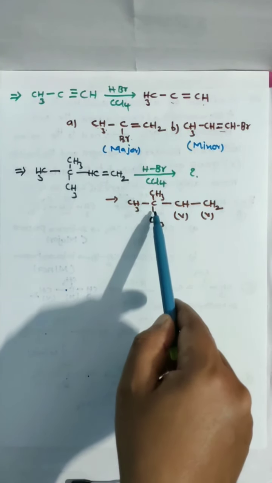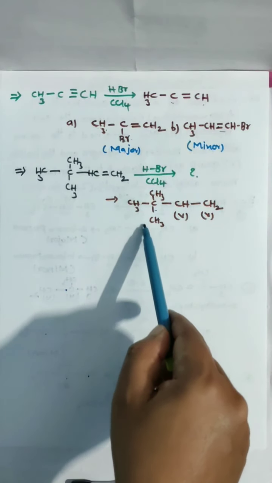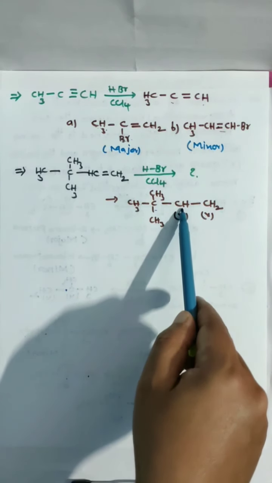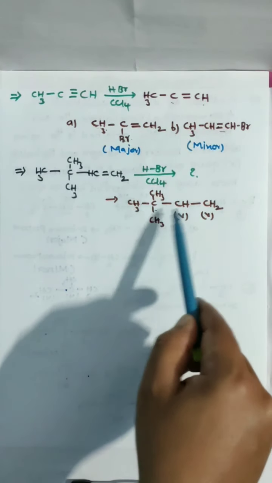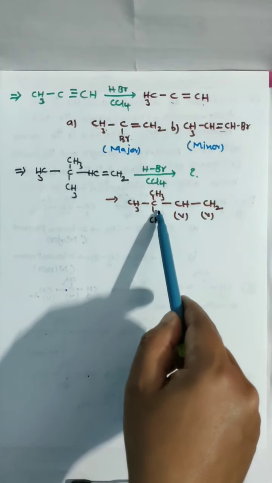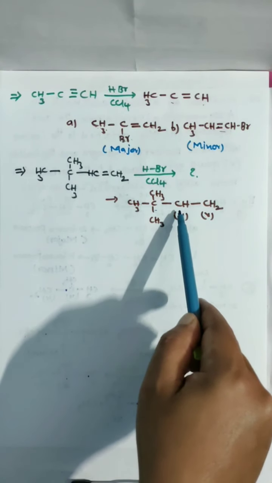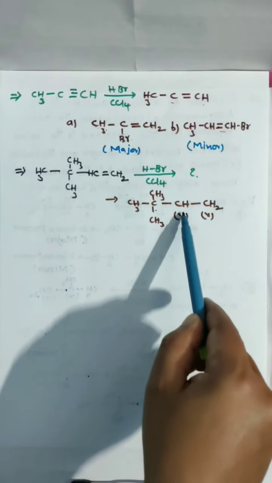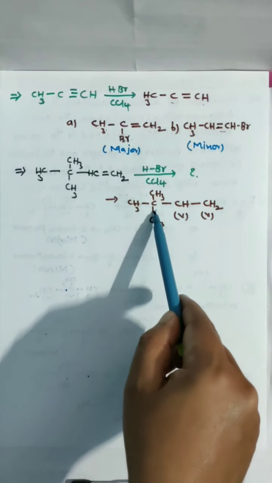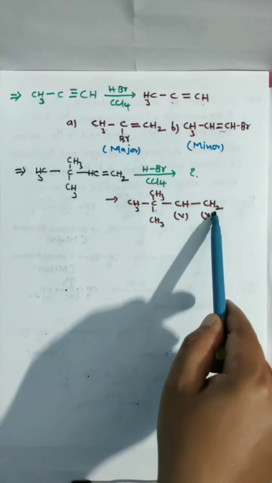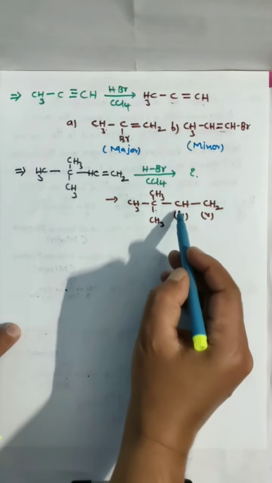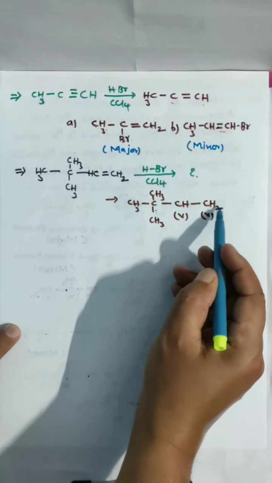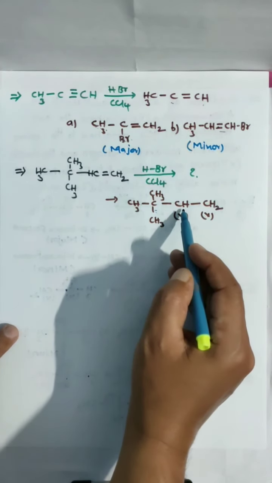If here you see this carbon bonded with 1, 2, 3, 4, a quaternary carbon is there. That's why immediately this methyl group will shift to here. When this methyl shifted here, here you are getting 3 degree. This is what we call 1, 2 methyl shift. Generally when we break the bond, we attach bromine here and hydrogen here, or the other way, but that is wrong.